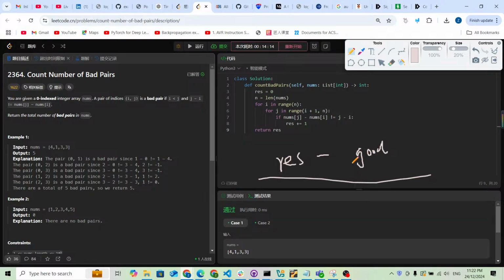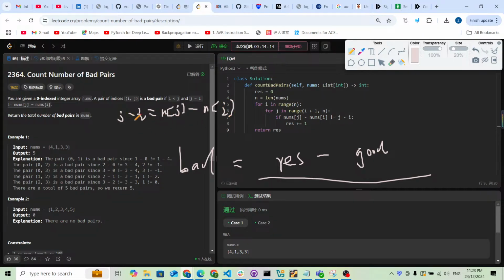So we're going to use this kind of formula. The total number of bad pairs is equal to the total number of pairs minus the good pairs. But how can we calculate the good pairs? It's still i < j and j - i equal to nums[j] - nums[i].